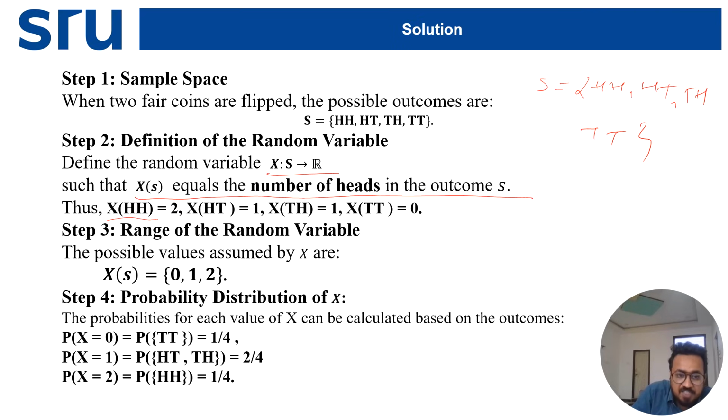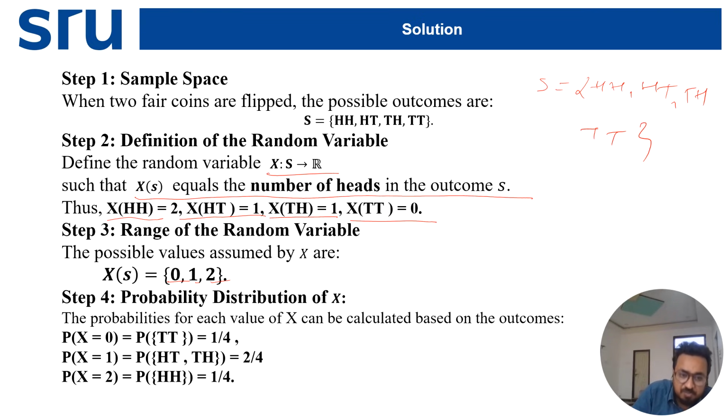Then the value at X(HH) equals 2, X(HT) equals 1, X(TH) equals 1 and X(TT) equals 0. The range of this random variable: the possible values assumed by X are 0, 1, 2. Now we will find the probability distribution corresponding to each value of X. So P(X=0) equals what?